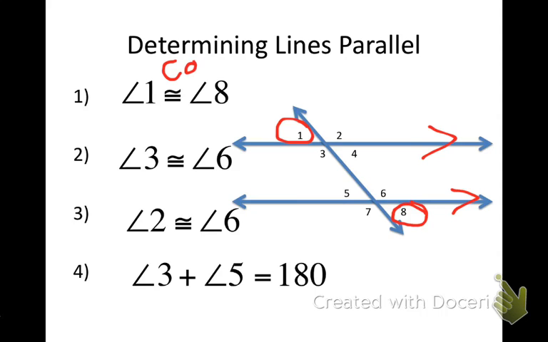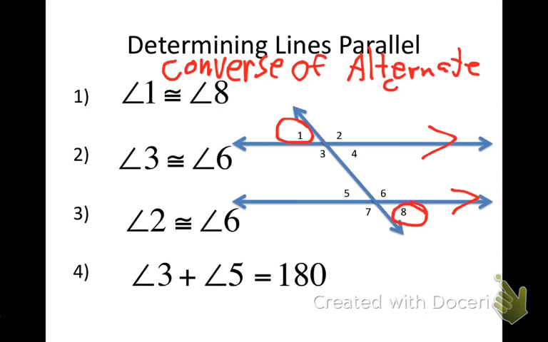So you would just say the converse of alternate exterior angles. Okay. Number 2.